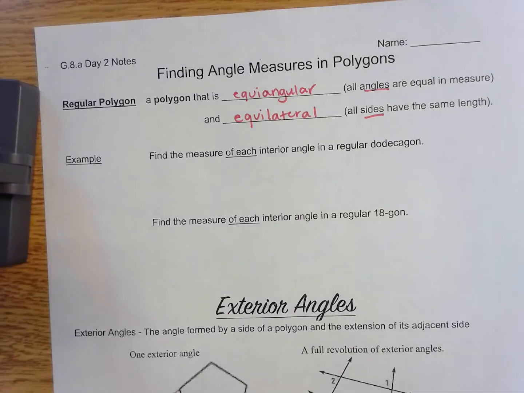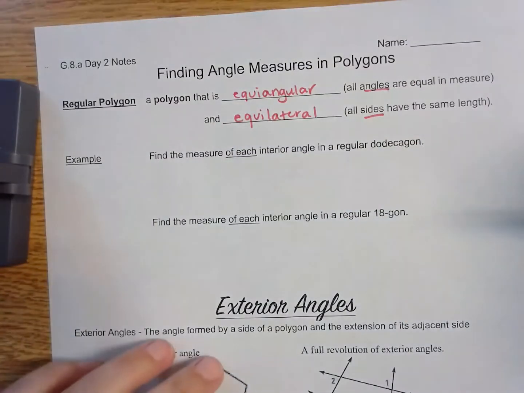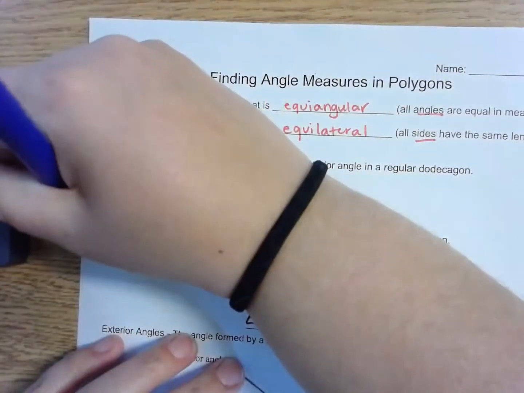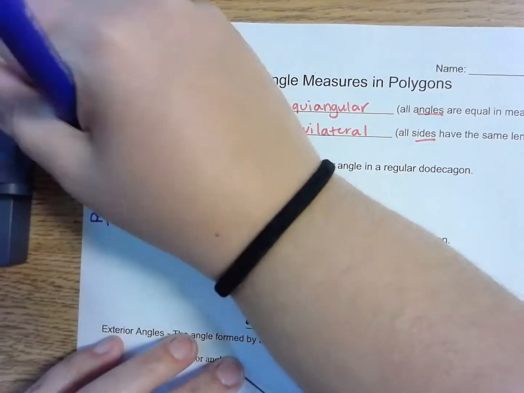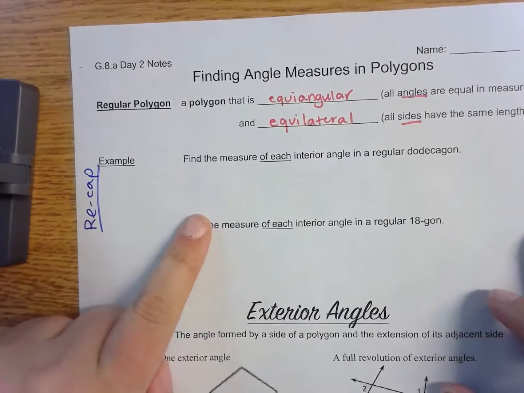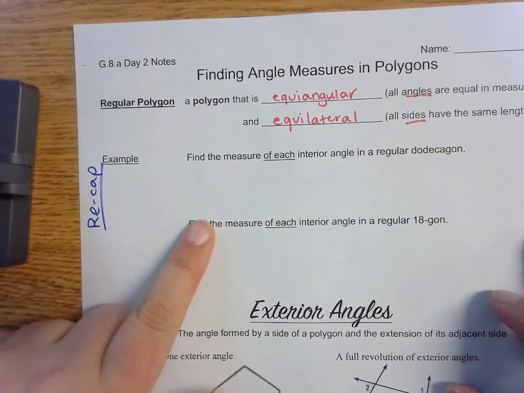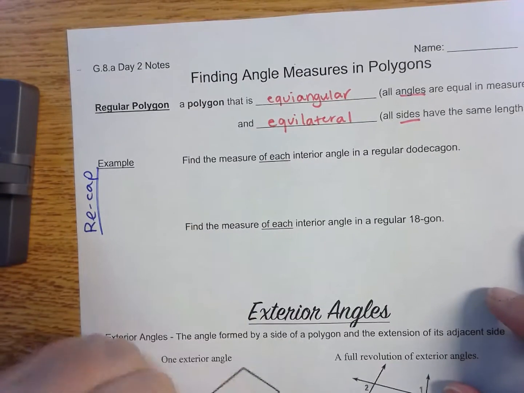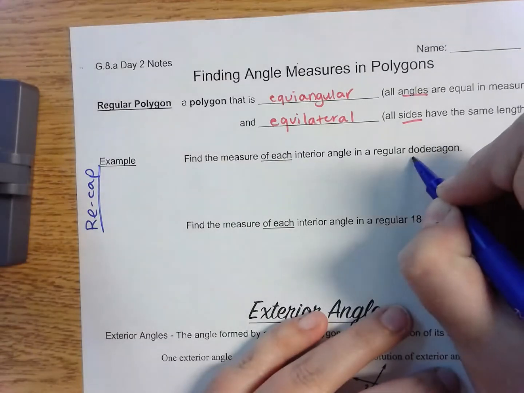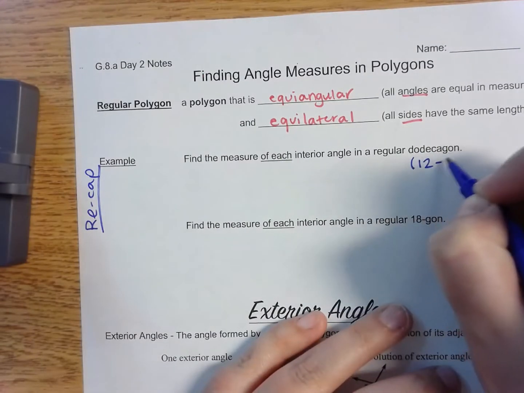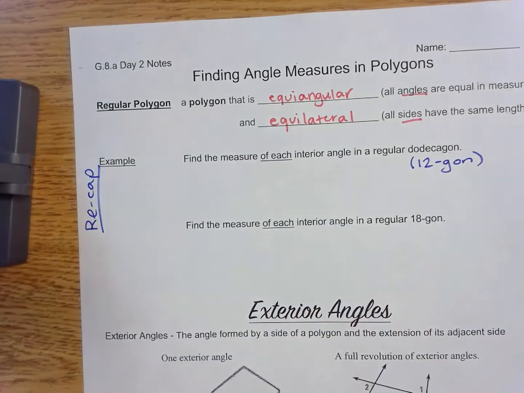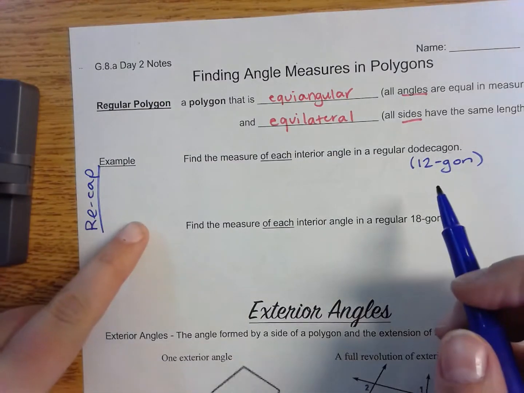There you go. So just to recap from yesterday. If I wanted to find the measure of each interior angle in a regular dodecagon, how many sides? 12, because a decagon is 10. So there's 12 sides. What is the formula for finding the sum of the interior angles?